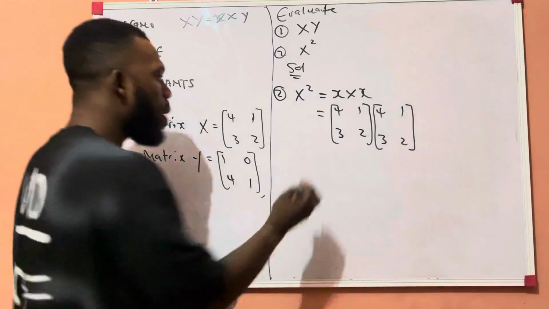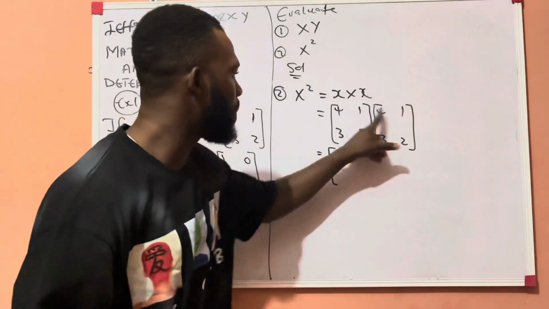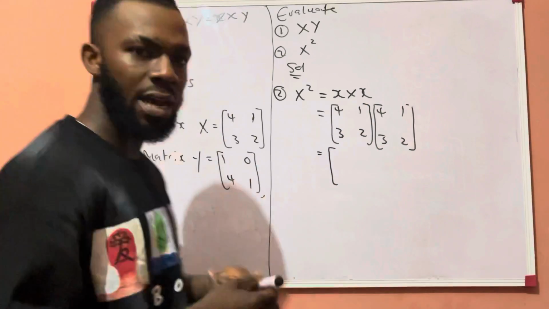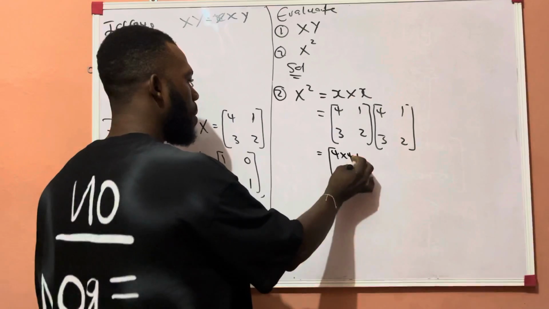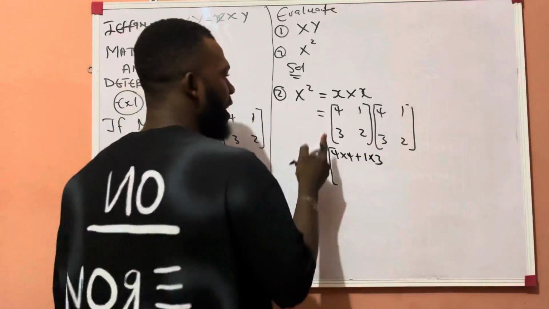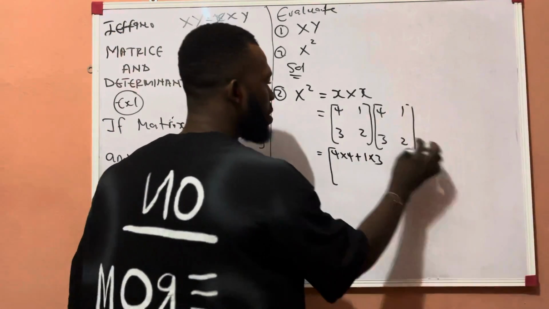Now remember what we do when you multiply. The first multiplies top, the second multiplies down. So automatically here becomes 4 times 4 plus 1 times 3. And again, 4 times 1 plus 1 times 2.